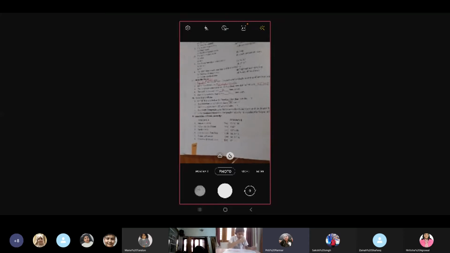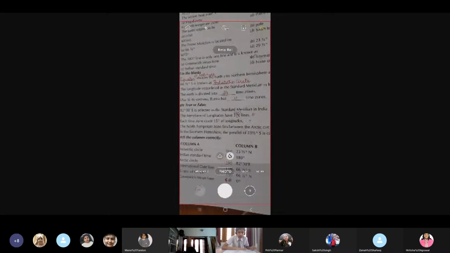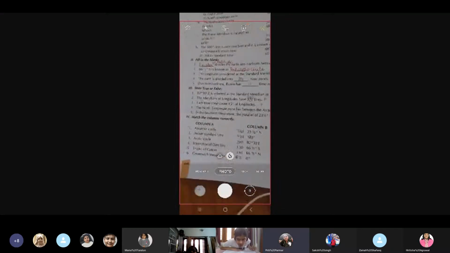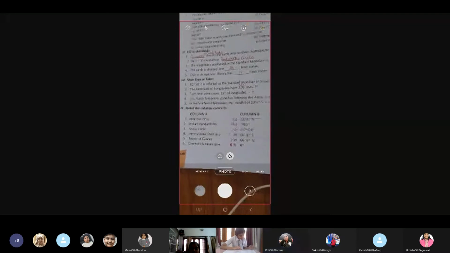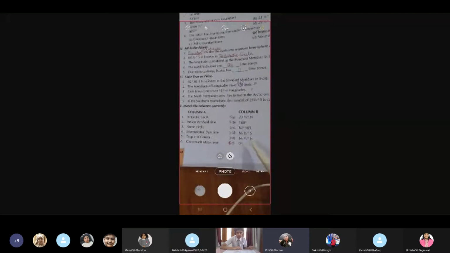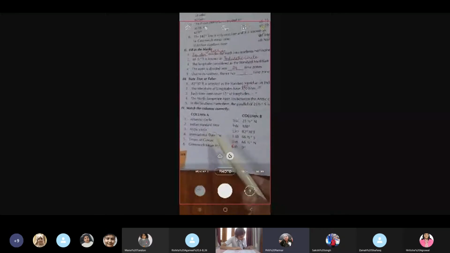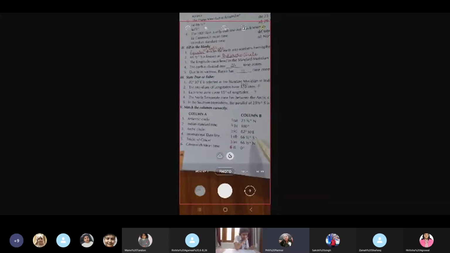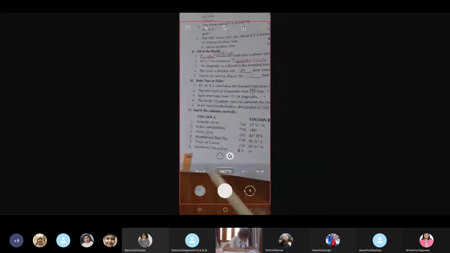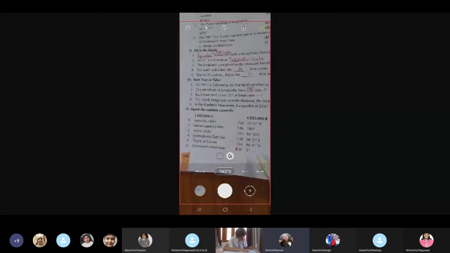Come to match the columns correctly. Column A, first one, Antarctic Circle, match it with 66.5 degrees south, 1D. Number 2, Indian Standard Time, match it with 82 degrees 30 minutes east, 2C. Number 3, Arctic Circle, match it with 66.5 degrees north, 3E.